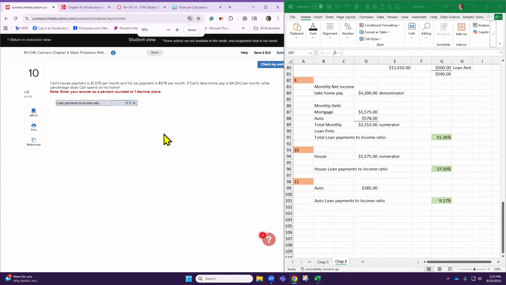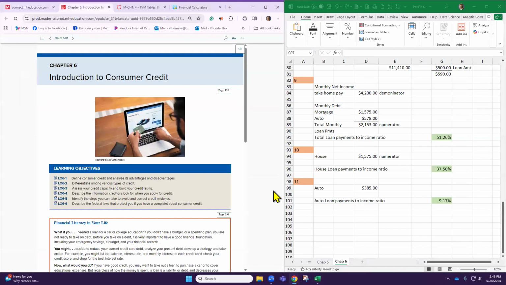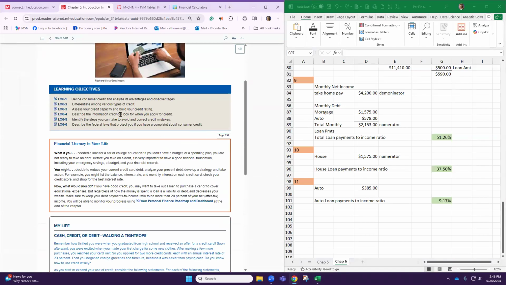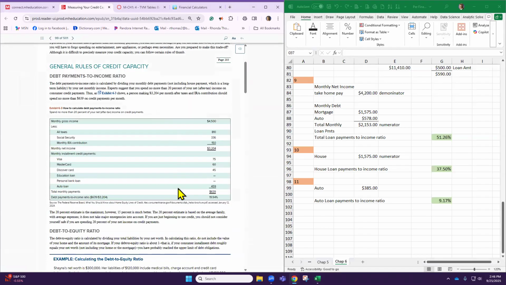You say, well, what is the suggested amount? You'd have to look it up in the book. We're in chapter 6, and I don't happen to have my book with me right this minute, but I do have the ebook. Let's see if they have a recommended amount. Can you afford a loan?